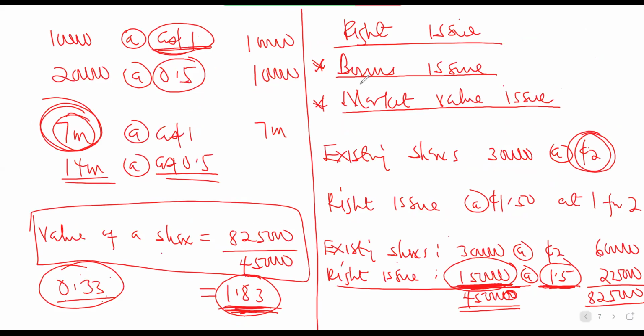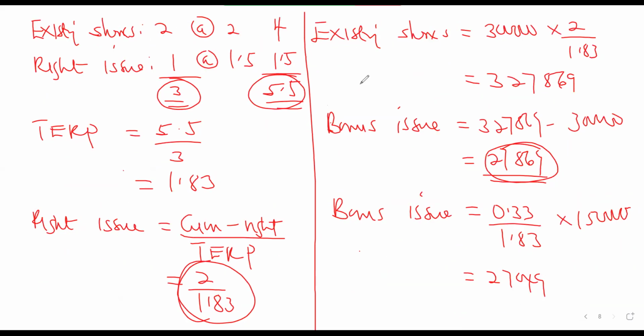All right. But the differences you are having here, if I look at it as you did the first time, when you take the ex-right figure, the one that we calculated, 1.83, out of the price they used to issue, the normal price, which was 1.5, you will get 0.33.